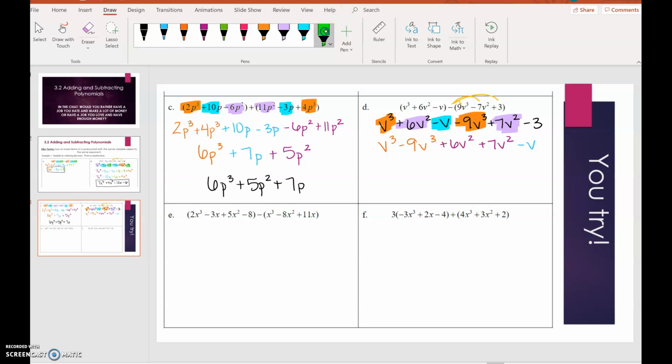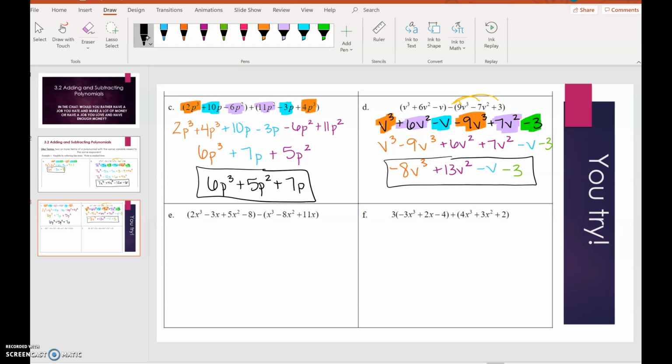And lastly, we have this minus 3. So minus 3, and then combined terms: negative 8v cubed plus 13v squared minus our v that had no like terms and minus our 3 that had no like terms. And this one is in standard form because we have 3, 2, 1, 0. So that is our final answer, and I forgot to box this one over here.